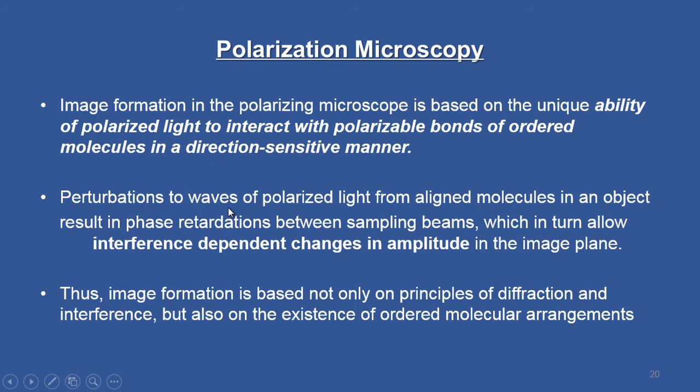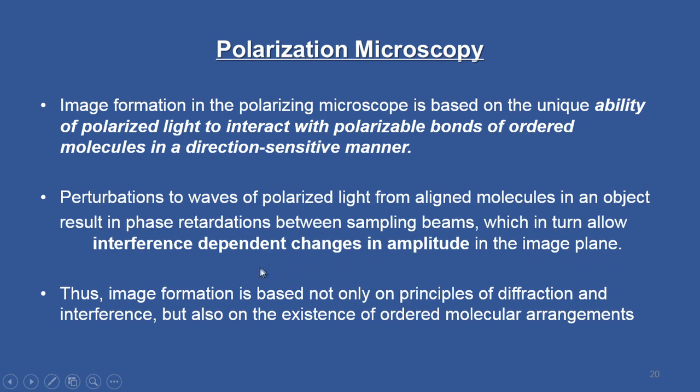Perturbations to the waves of polarized light from aligned molecules in an object result in phase retardations between sampling beams, which in turn allow interference-dependent changes in amplitude in the image plane.